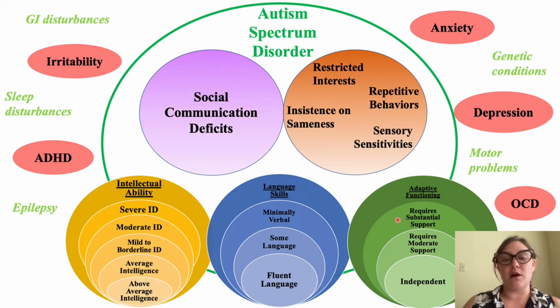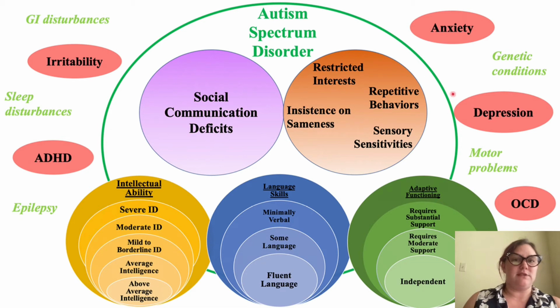And do they require substantial support, moderate support, or are they independent? And my son falls in these two. So he was diagnosed with level 1, so it's expected, since he has fluent language and normal intelligence, that he likely will need some support, but will be independent.